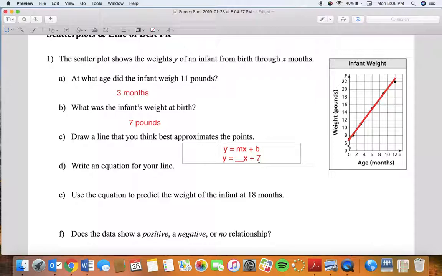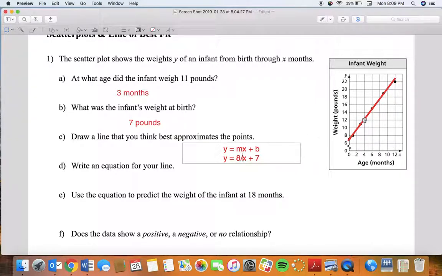Now to find my slope, I need 2 perfect points. That point's not perfect. It's not quite on an intersection. I think I'm going to call this point right here perfect and this point up here perfect. There, that's as close as I can get with the line I drew. So from here I rose 1, 2, 3, 4 boxes. But remember the boxes are counted by 2, so I actually rose 8. I went from 12 to 20. So my rise is 8.